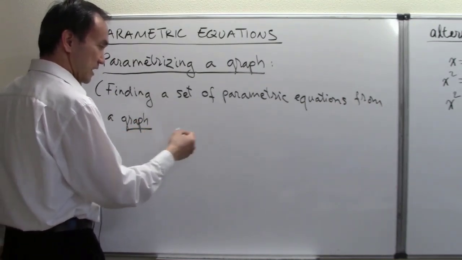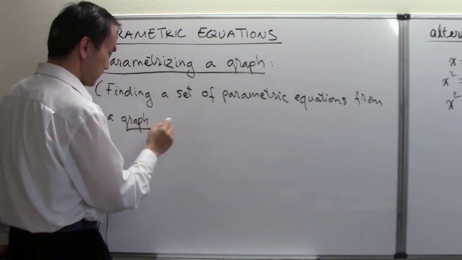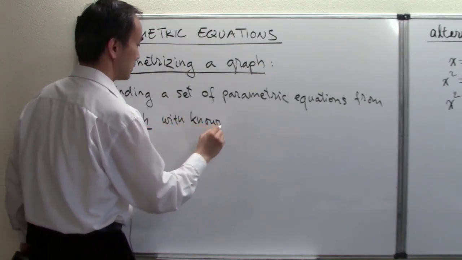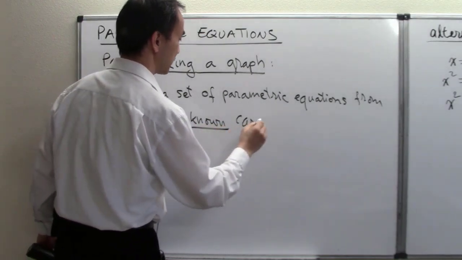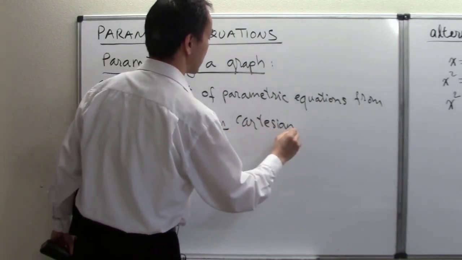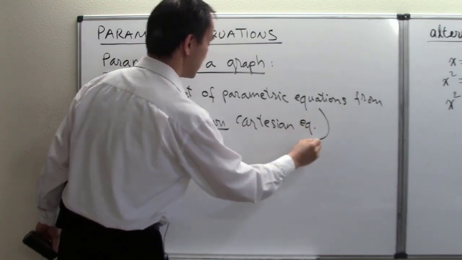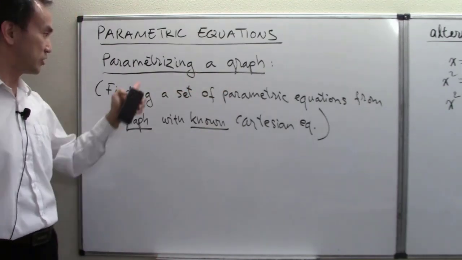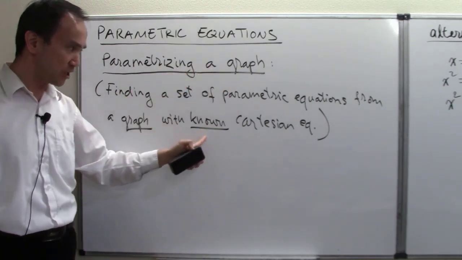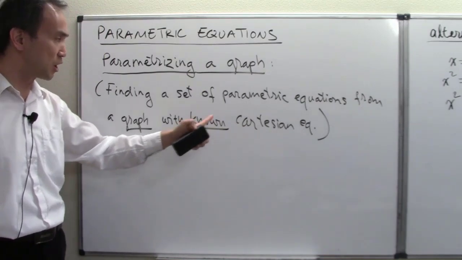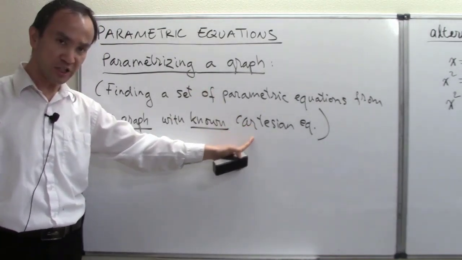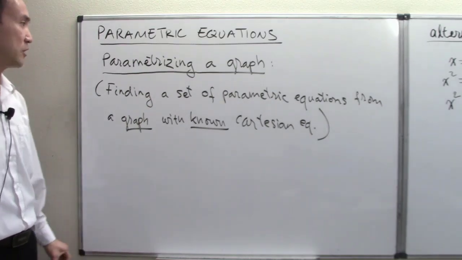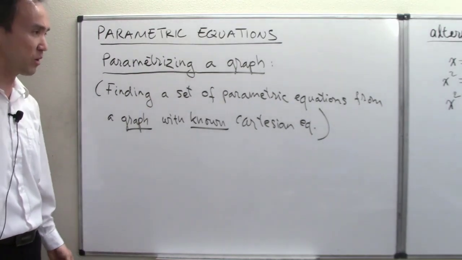But the intention behind the scene is that the graph has a known Cartesian equation. So that's what parametrizing a graph means. You're given a graph, and any graph has some known Cartesian equation, and then we want to go from that Cartesian equation and put it back into parametric equations again. And so that's the skill that we want to get in as well.